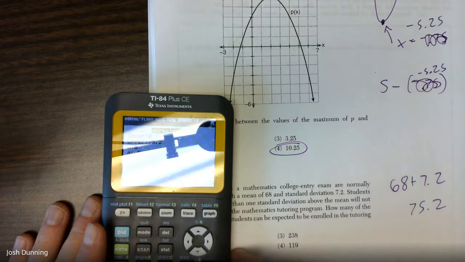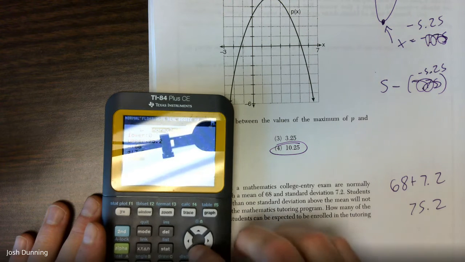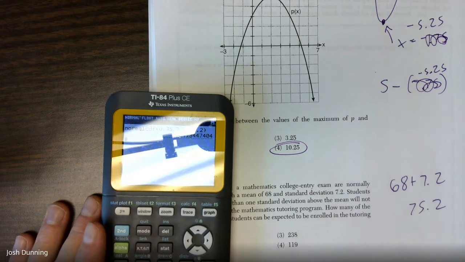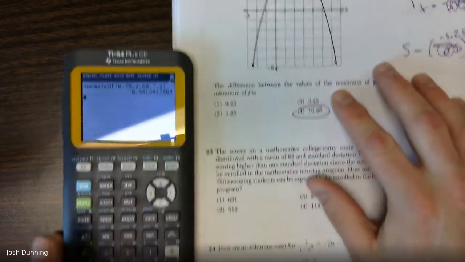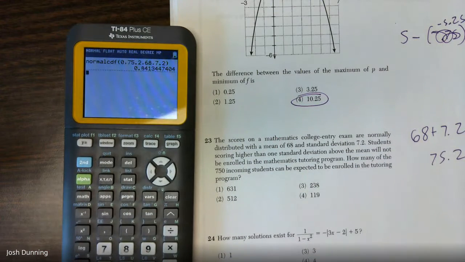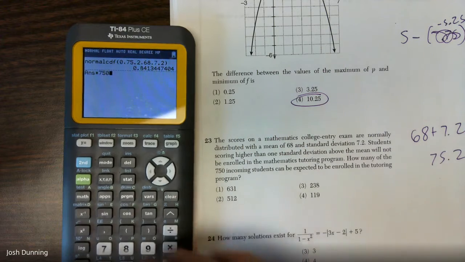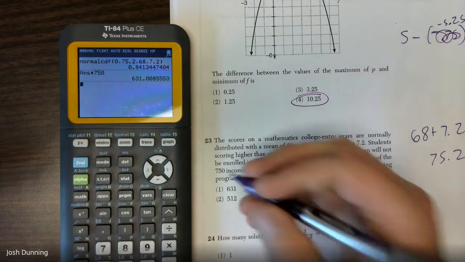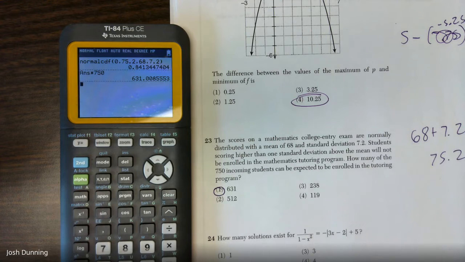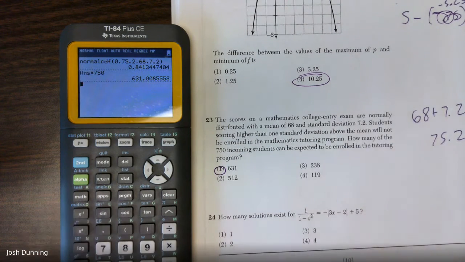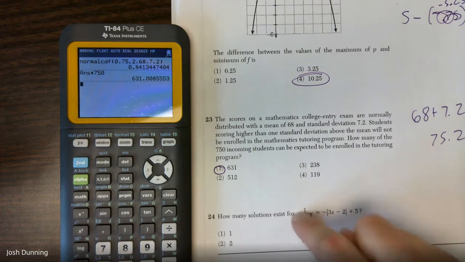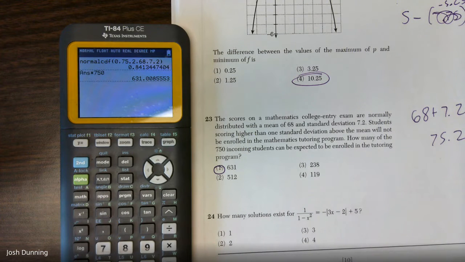Then our average is 68, 7.2 is the standard deviation. Paste that in. Now that's the proportion, but we want the number of, so times 750, 631.